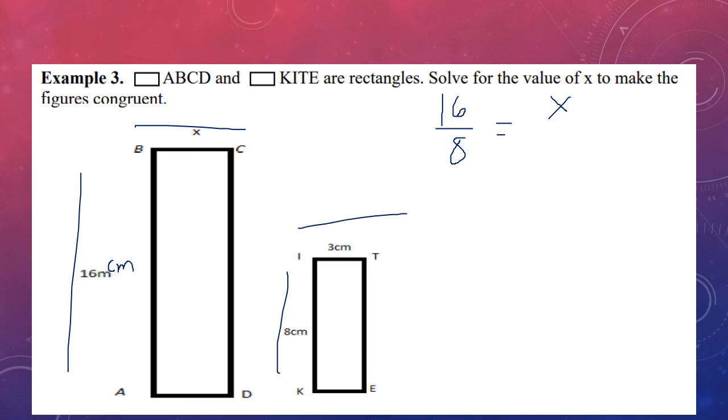Then this, which is 3. So, it's the same again. 8x equals 48. Therefore, the value of x is 6 centimeters. Okay? So that is how you solve the similarities of figures. Okay? That's how you're going to solve that one.